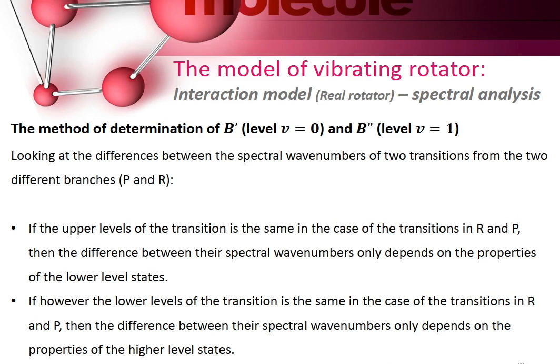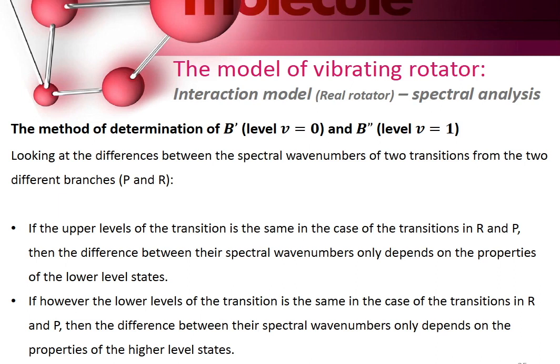Remember that we have b prime for level v equals 0, and b second for level v equal 1. And then the lines on the spectra correspond to transitions for rotational states while we are going from v equals 0 to v equal 1.